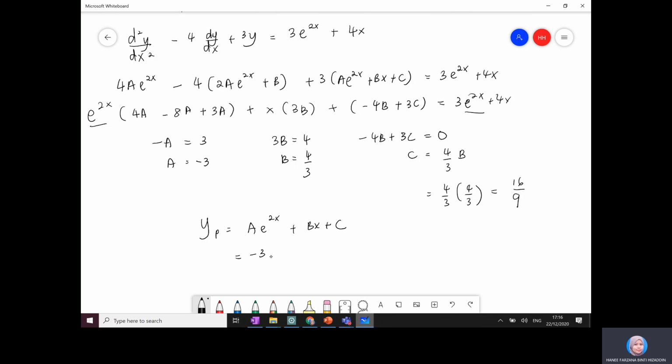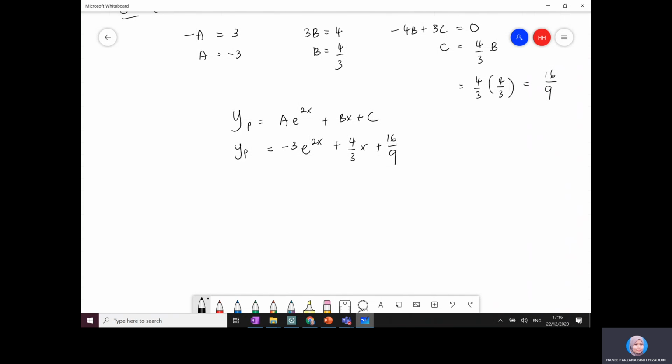So a is negative 3 e to the 2x, plus b is 4 over 3 x, plus c is 16 over 9. So this is your yp, and thus your y total is yc plus yp, and your yc is c1 e to the 3x plus c2 e to the x, plus the yp, so the yp here is this whole thing.